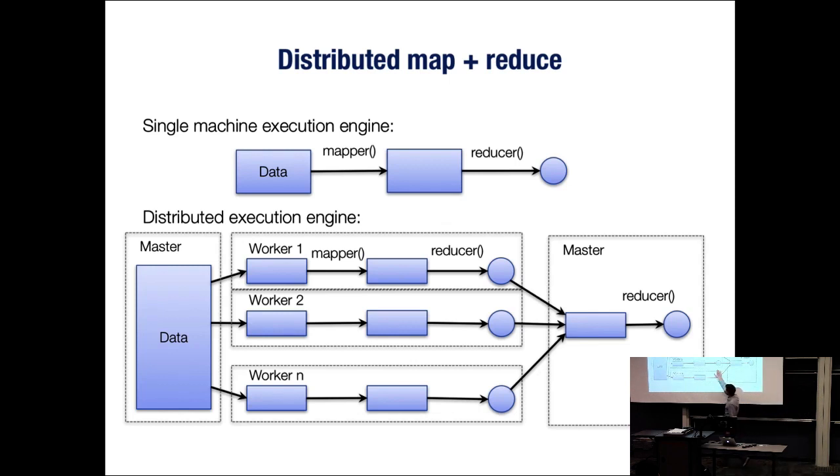But if this mapper and reducer are fairly fast, then the bottleneck of this execution engine is going to be actually sharing the data, right? Sending the data over the network. And this is exactly the kind of thing you were seeing in that single thread versus these distributed computational frameworks in the first slide I had. Namely, when you have this overhead of network communication, you're often much worse off than if you just executed everything on a single machine and took a little bit longer in terms of your compute time.